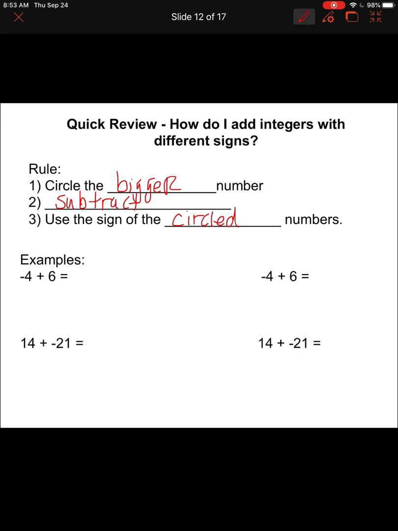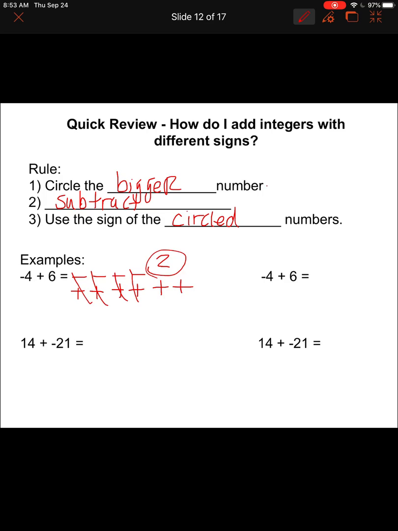Okay, so we have negative 4 plus 6. So let's first use our positive and negative signs to show you how this works. So we have 4 negatives, 6 positives. Cross out your 0 pairs, and you have an answer of positive 2. Okay, when we follow the rules listed above on the next problem, we should still end up with a positive 2.